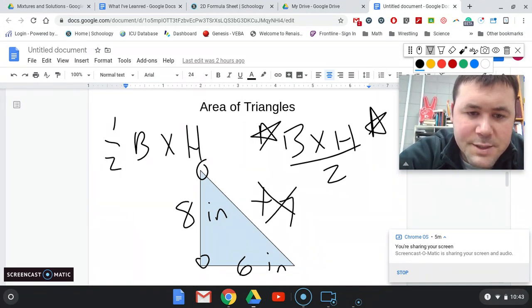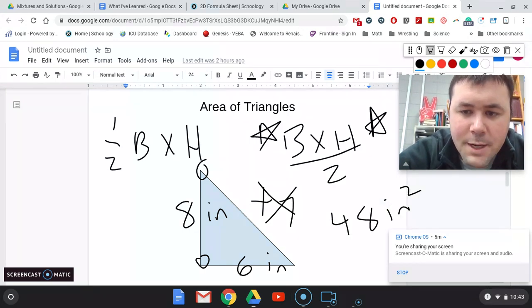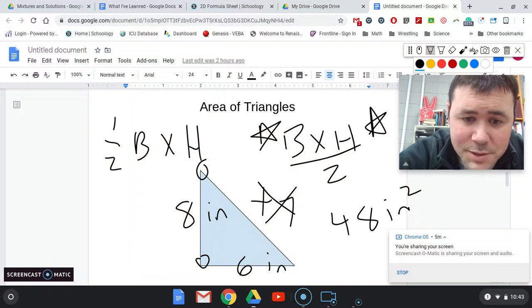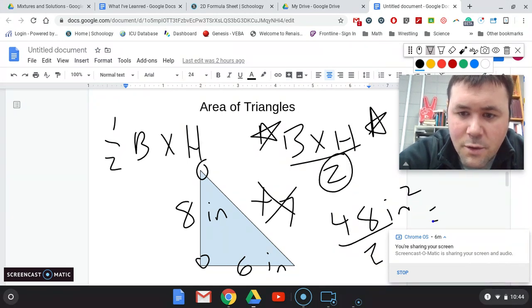So this is 8 times 6, which is 48 inches squared. Now, that's just if you multiplied it. In this case, you have to divide it by 2. So altogether, this would be 24 inches squared.